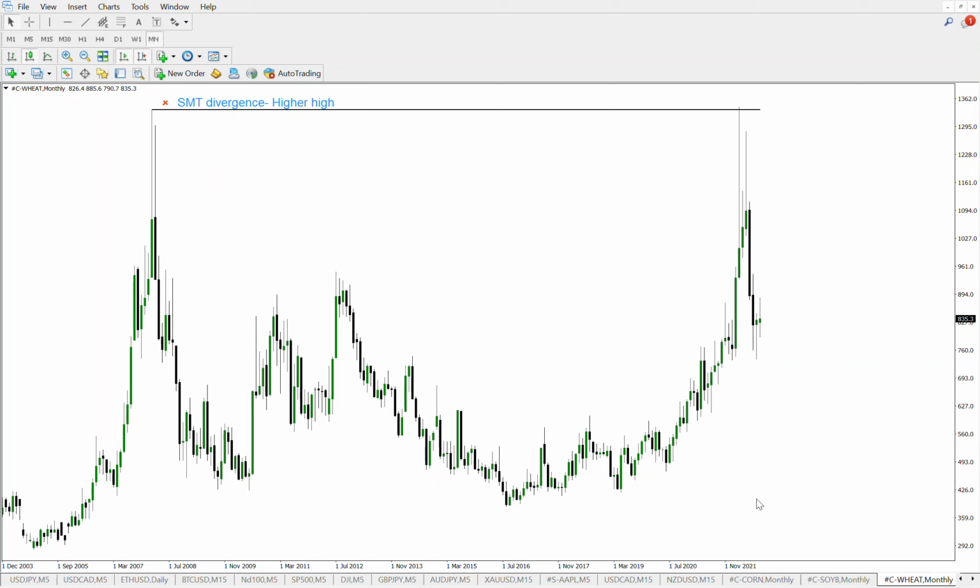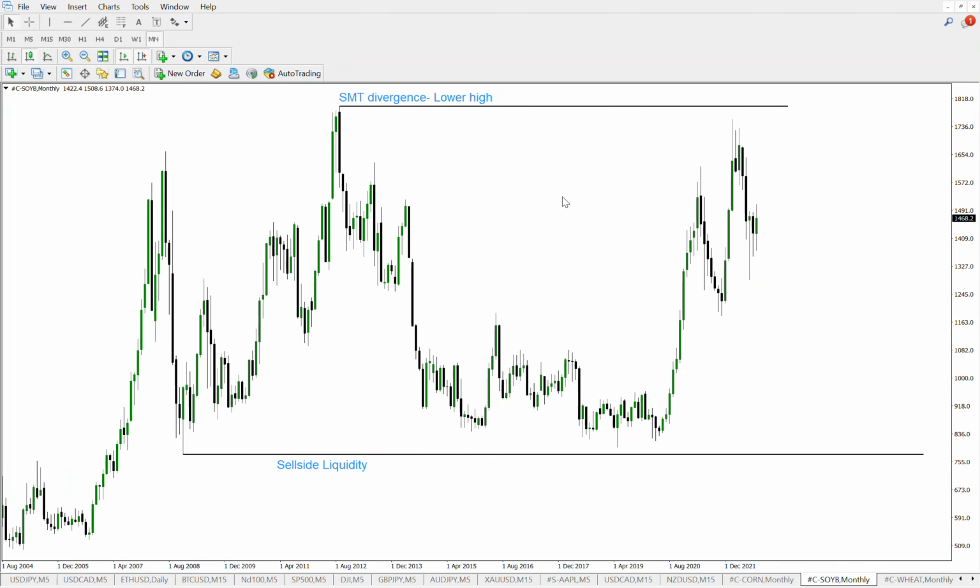Okay, so we'll go over to soybeans now. And here you guys can clearly see that soybeans has failed to take out this swing high over here. Okay, and so what SMT indicates to us, if we have one commodity taking out the high and then the other two are failing to do so, that's indicating a change in state of delivery.